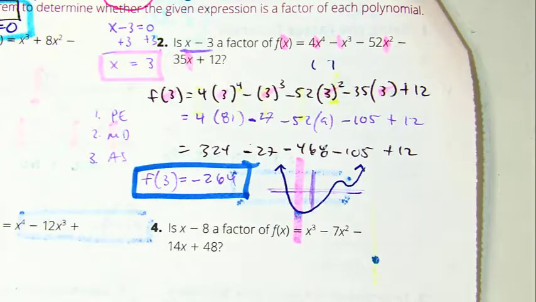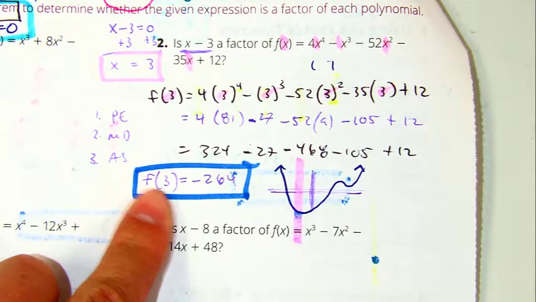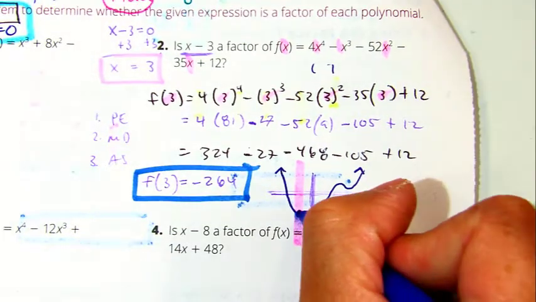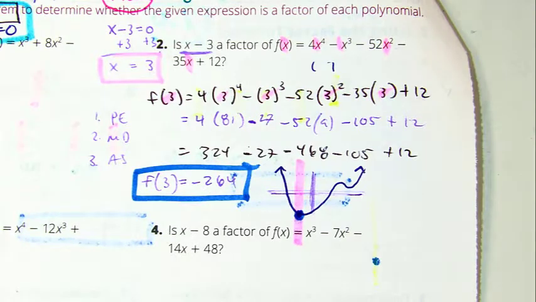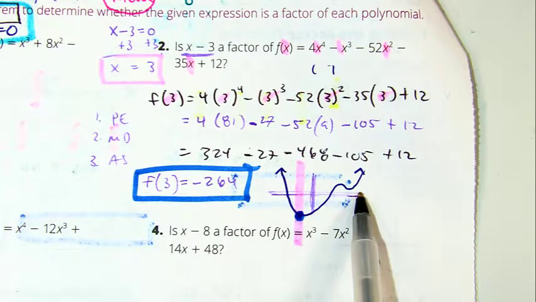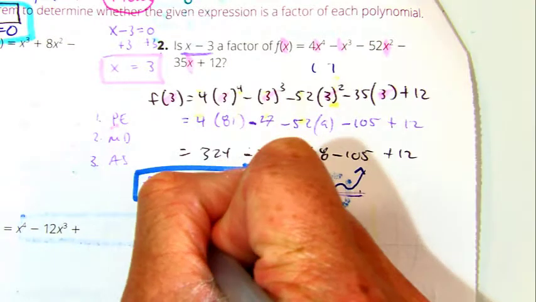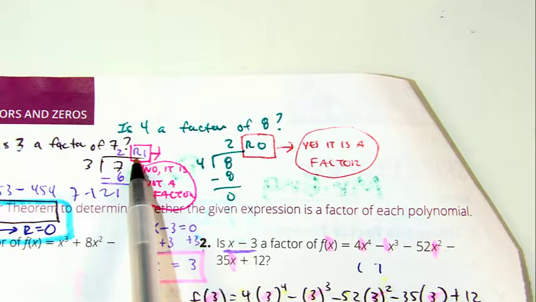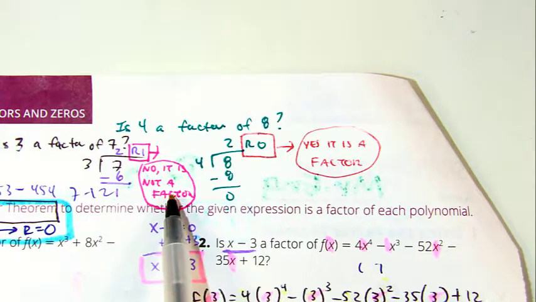This is my intersection, an ordered pair, 3 comma negative 264. Class, does that cross the x-axis? Yes or no? No. Class, is this number equal to 0? No. So if it's equal to a different number, it's what? Not a factor.